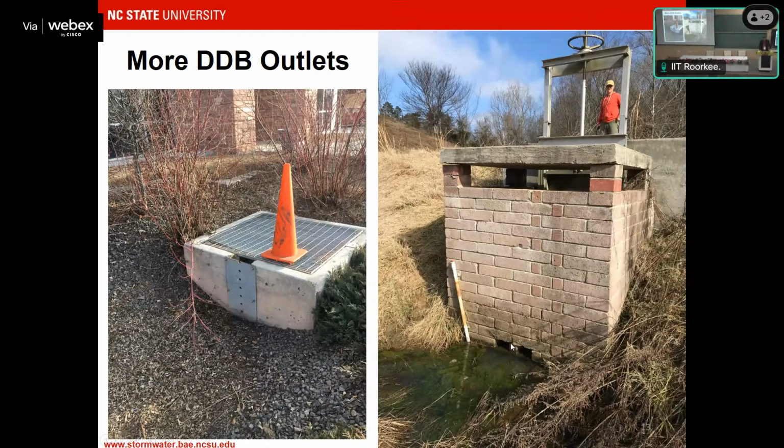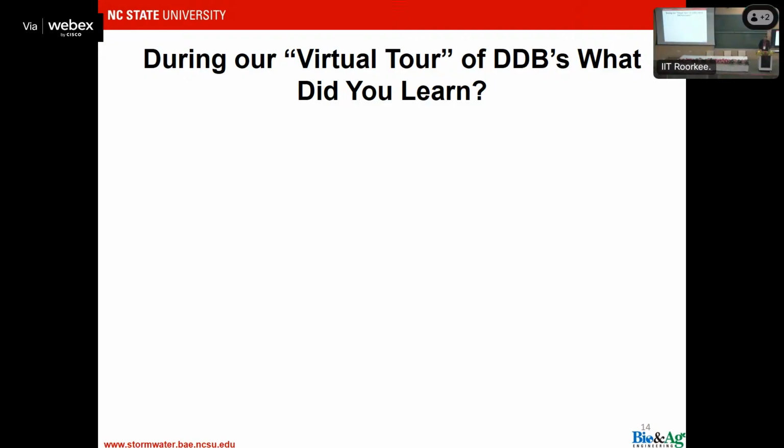And then here's another one. You see a couple of bricks that they just didn't include. So these are all different, but note, all of them have drawdown orifices all the way to the bottom of the basin. So what are some things that you observed when I went through those pictures of dry ponds?